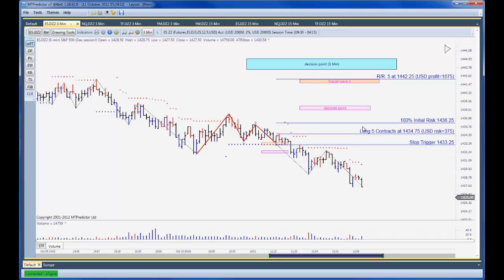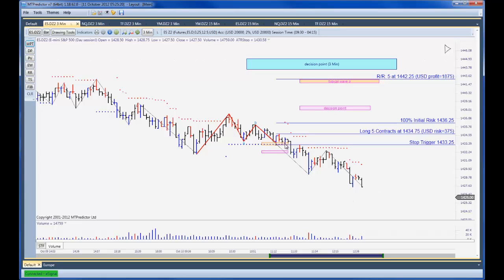But the point being is, because we use correct position sizing, in this case varying the number of contracts, lots or shares, to keep our initial risk small and under control, it means when the loss came through, it was kept small. So here we were anticipating a potential 5R profit, and we were willing to risk a minus 1R loss to get that 5R profit. Now in this case, the trade was a losing trade, and it came down as the market kept on going down to new lows.